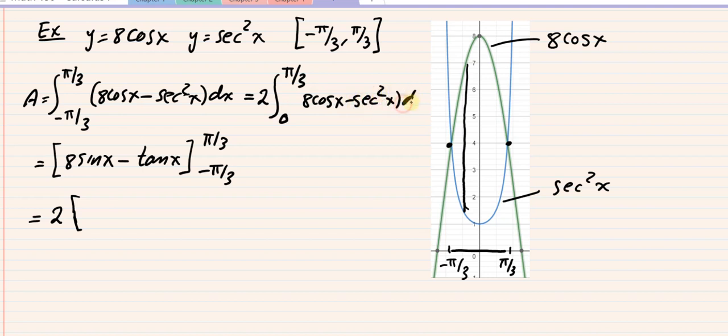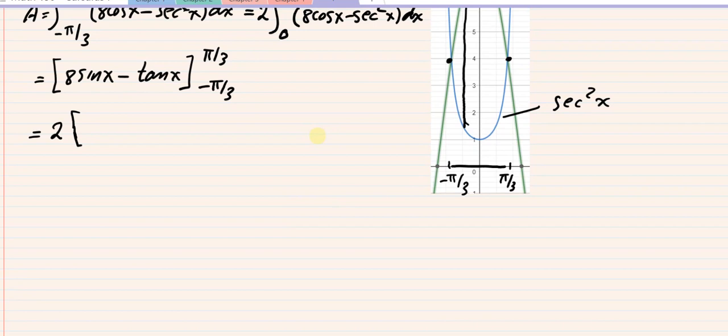That would be exactly the same, wouldn't it? Because of the symmetry. So the answer is therefore going to be 2 times 8 sine x minus tan x, right? And that's going to go from 0 to pi over 3.